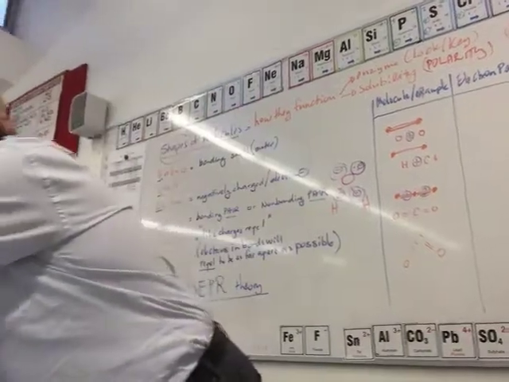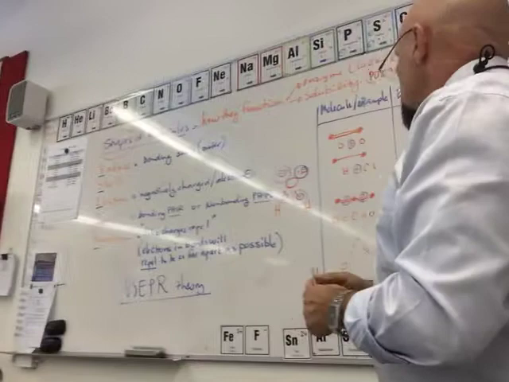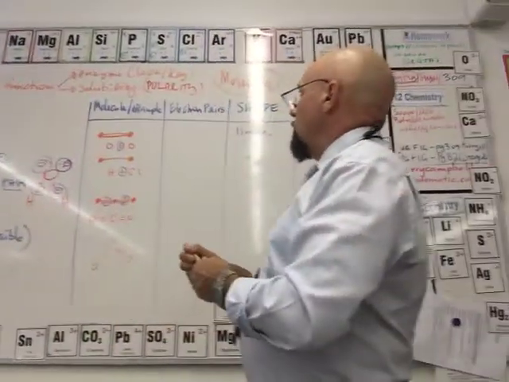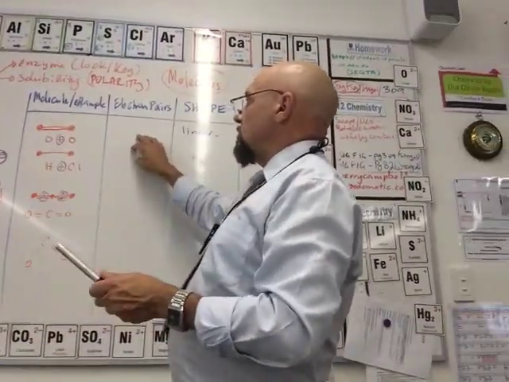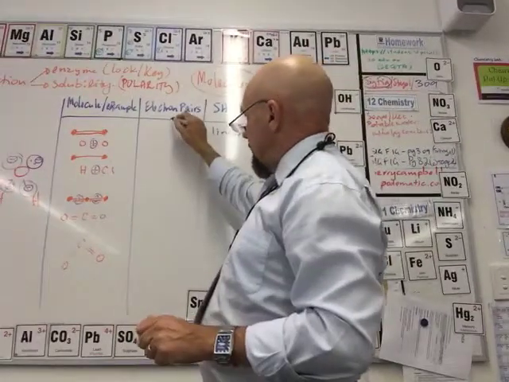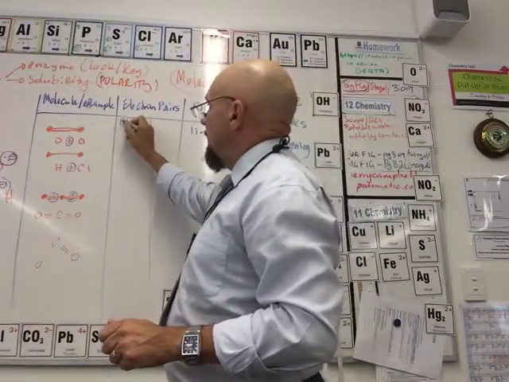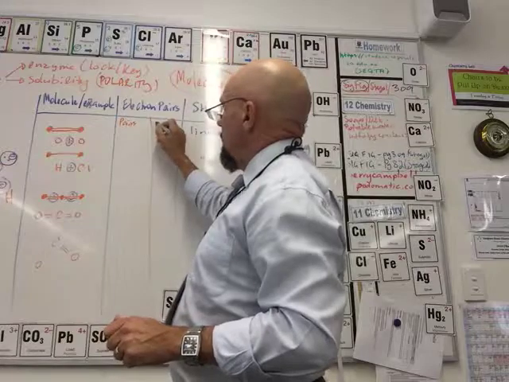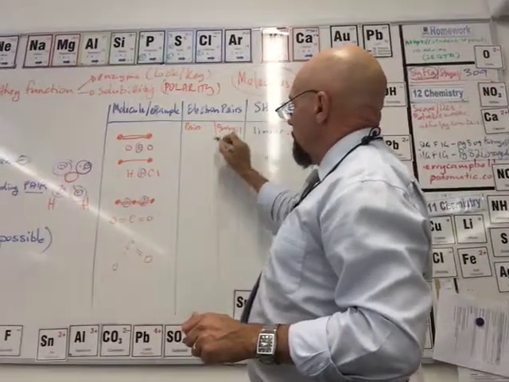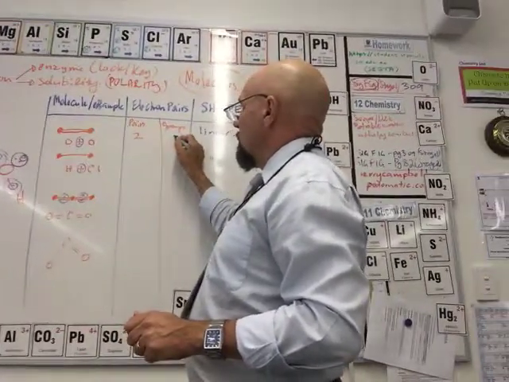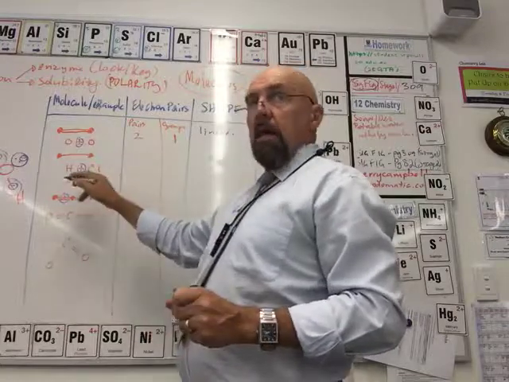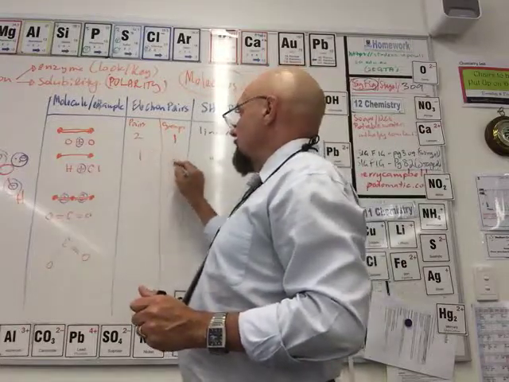Now, let's move on. The next one is a little bit more complex. So over here, when we talk about pairs of electrons, I should probably split that down. We'll say pairs here, and I should say just big groups. Pairs, there are two. Groups, one. Here, there's only one pair, there's only one group.